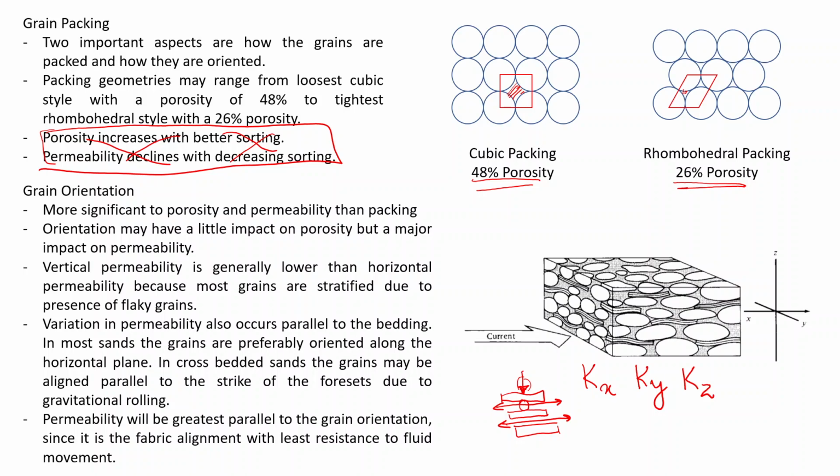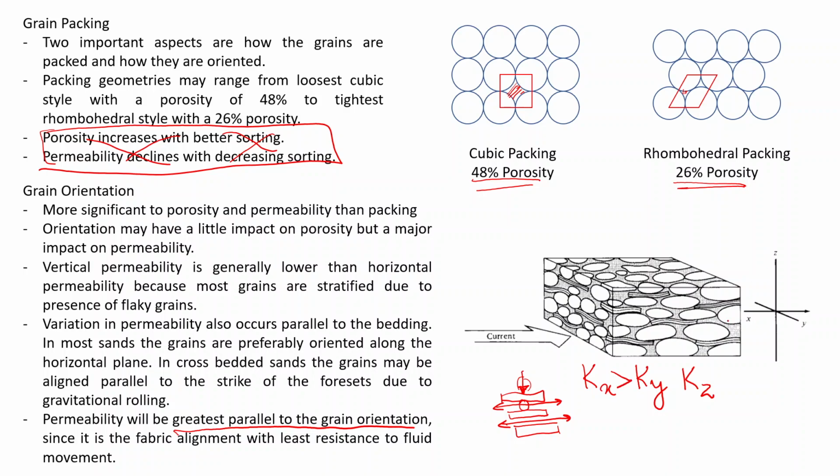Now permeability will be greatest in the direction which is parallel to the grain orientation. If you see in this block over here, if this is the moving current, then the flakes are all parallel to the x direction, so it will be the maximum, followed by the y direction.